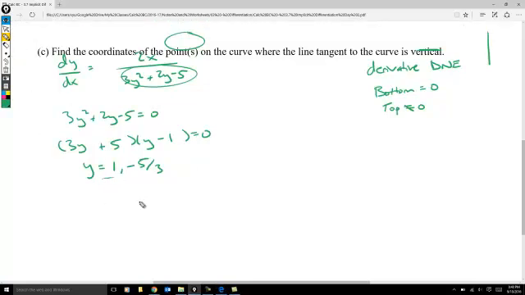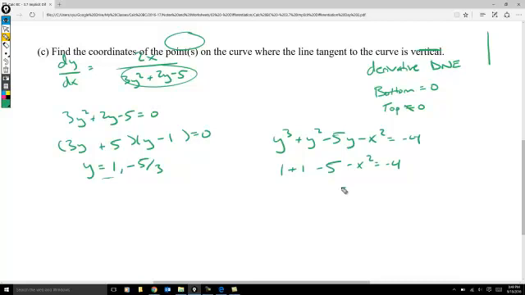Alright, so my original function that they gave me was y cubed plus y squared minus 5y minus x squared equals -4. Alright, so I got to plug in 1. So let's plug 1 in for y. So I get 1 plus 1 minus 5 minus x squared equals -4. Alright, so this is going to be -3.